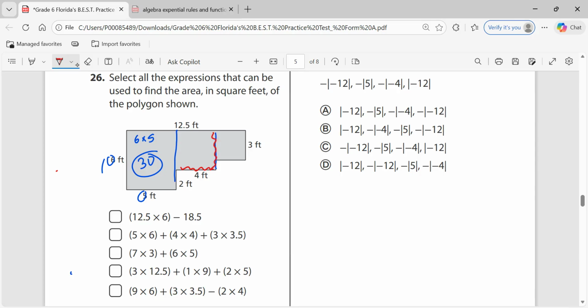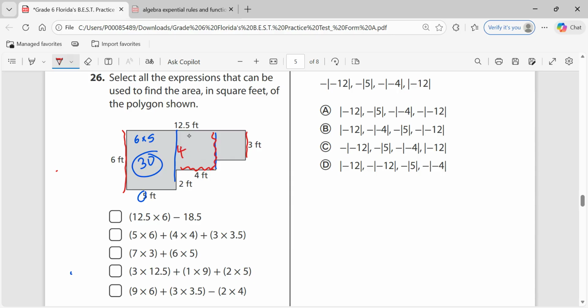But if I know that this big long thing here is 6, then I know that all these sides are a portion of that. If the whole thing is 6 and this part up here is 2, right? If this part is 2, then that means this is going to be 4, because 6 minus 2 is going to give me that 4.